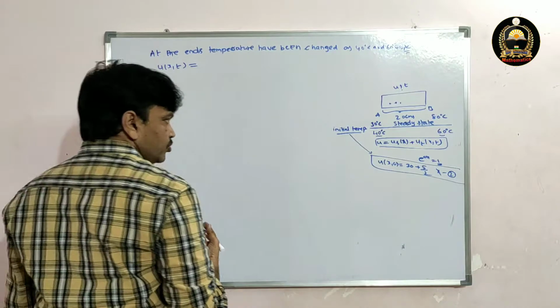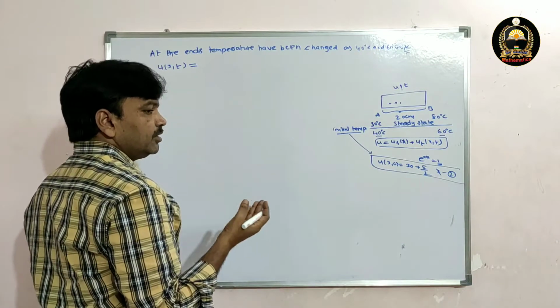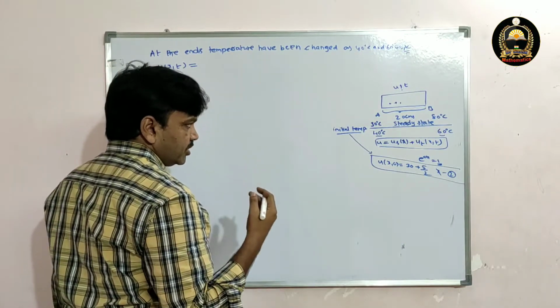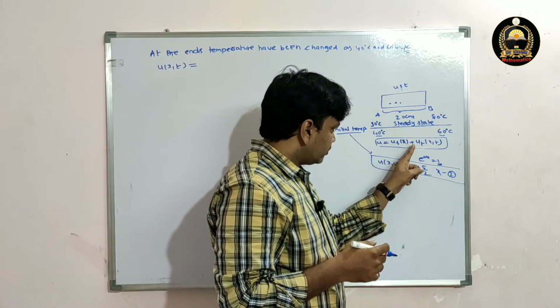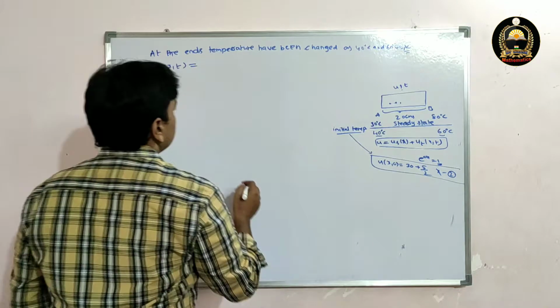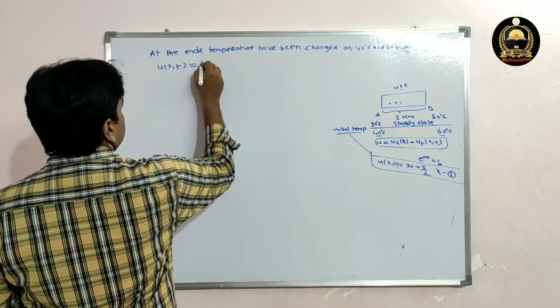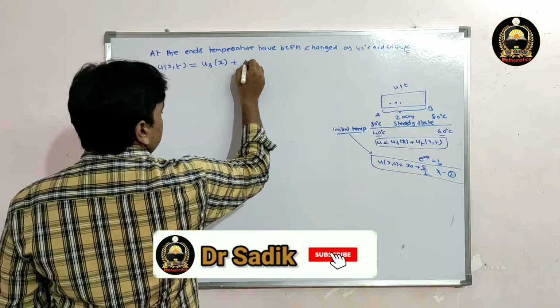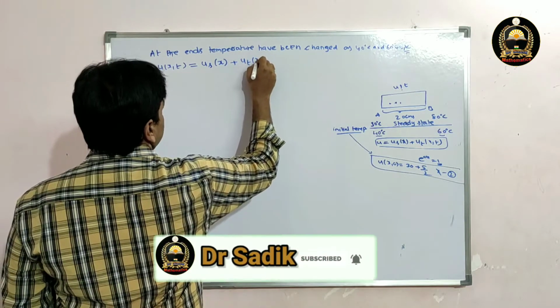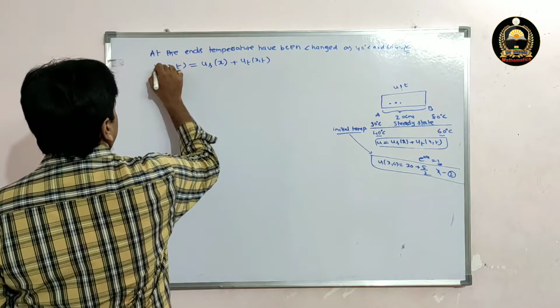Again it is a steady state, and there is another state, the transient state. So the solution is written as us of x plus ut of x comma t. So u of x comma t is equal to us of x plus ut of x comma t.